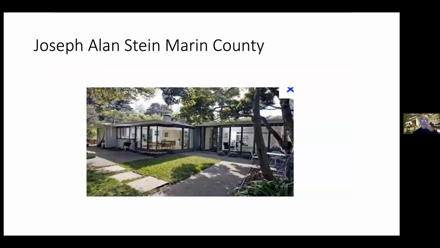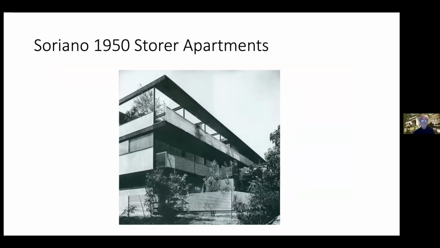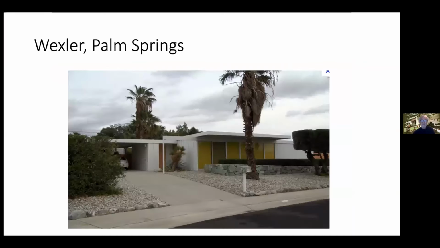Joseph Allen Stein designed many houses in Northern California and then moved on with my father's recommendation to a position in India and made a very important career in India. Rafael Soriano built many beautiful houses. Donald Wexler in Palm Springs. So the same 8 points show up again and again.